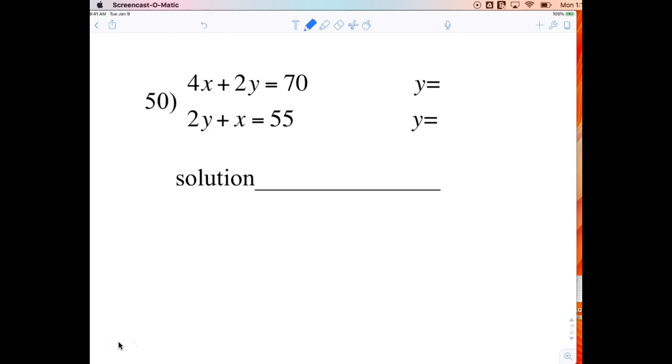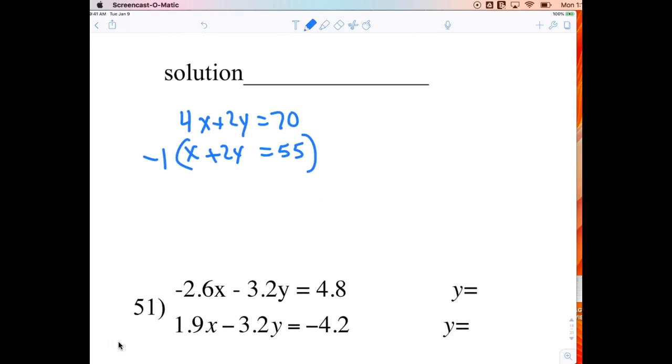Now, part of the problem with number 50 is if you're not careful, you won't see that the variables are changed. Does everybody see this? All right, so you should rewrite it: 4x plus 2y equals 70, and then x plus 2y equals 55. Do you see that, Jack, or not? Yeah, I do. Then you're just going to multiply by negative 1, and you get negative x minus 2y equals negative 55.